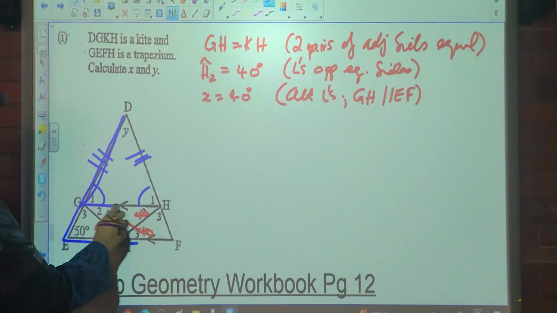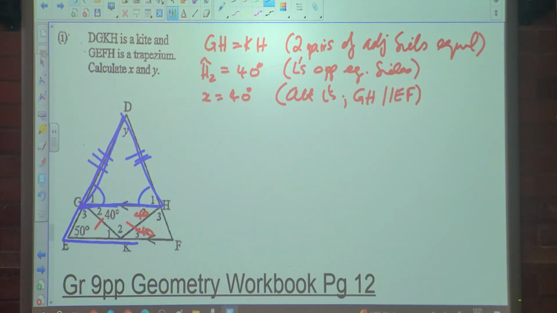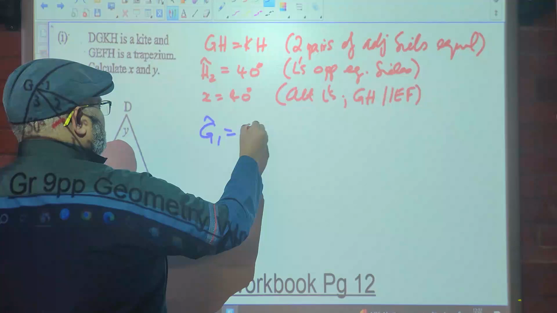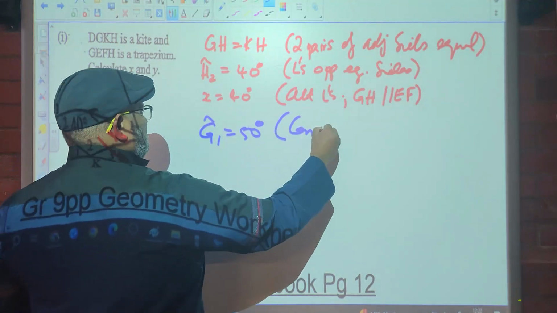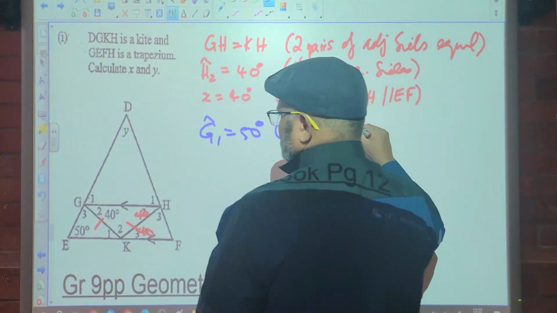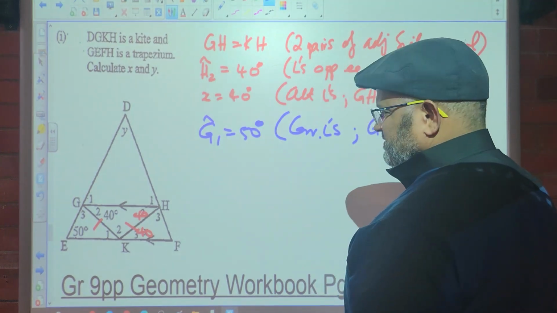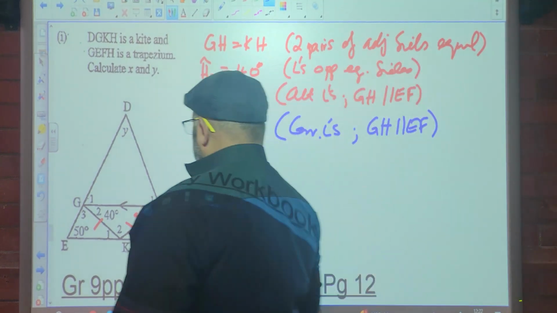Then I can go with summing triangles. Okay? Let's go with that quickly. You're saying that angle G1 is 50 degrees. Corresponding angles with GH being parallel to EF. 50.